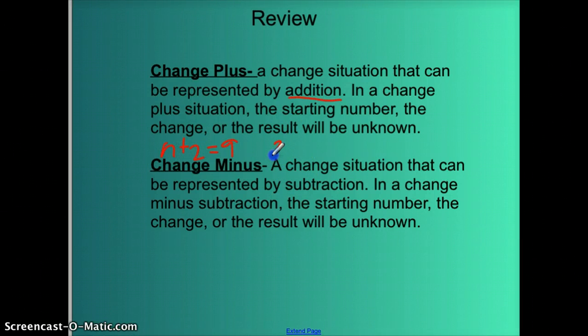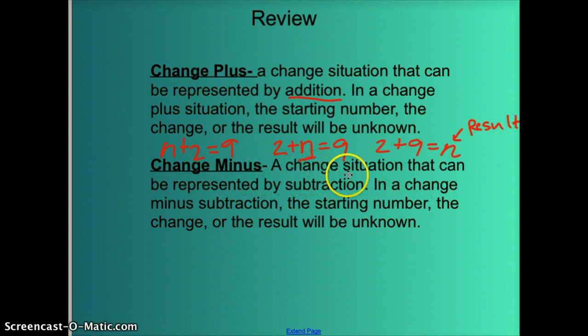If I have 2 plus n equals 9, this would be my change number is unknown. Or if I had 2 plus 9 equals n, this would be my result that is unknown.